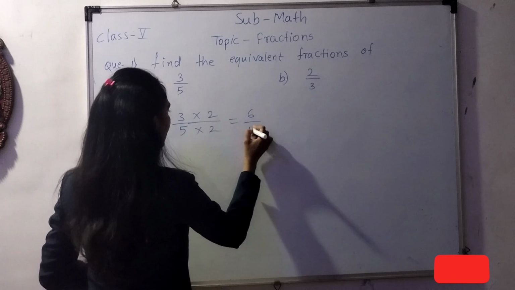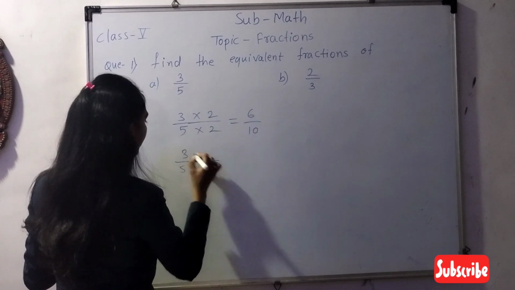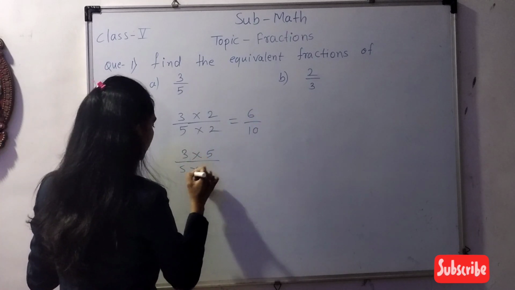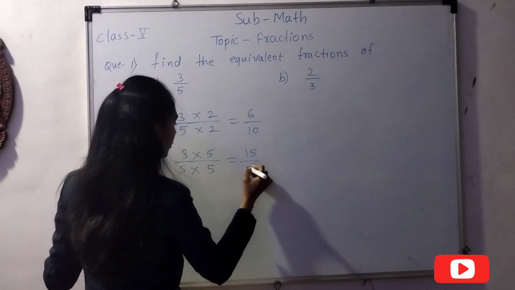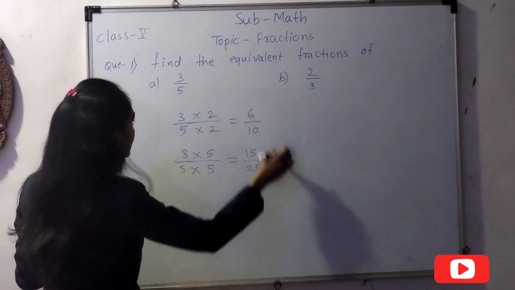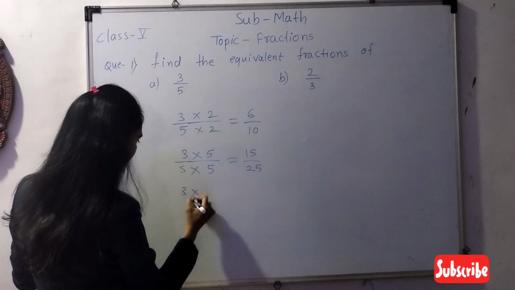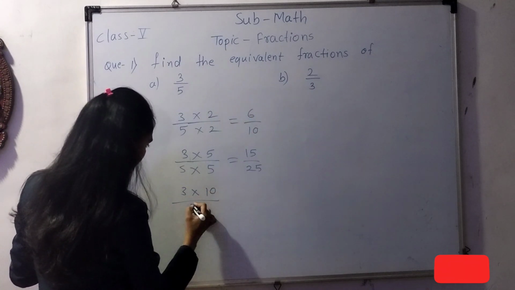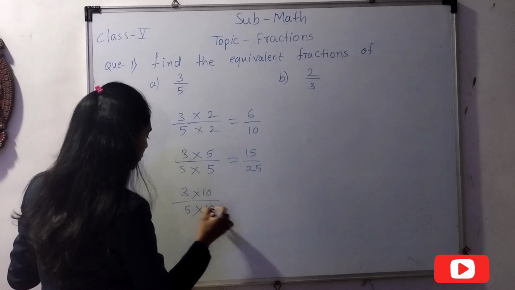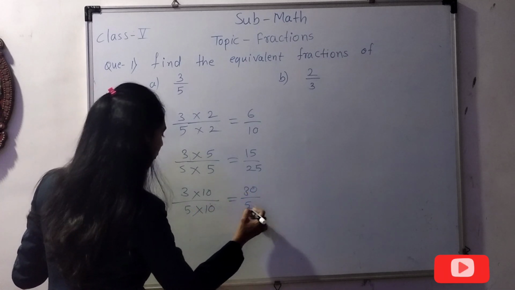Then 6 upon 10. Take another. If you multiply by 5, then 15 upon 25 also. These are equivalent fractions. ये तीनों भी equivalent fraction है. जो भी number से आप लोगे multiplication. If you take 10, that will also be an equivalent fraction, 30 upon 50.